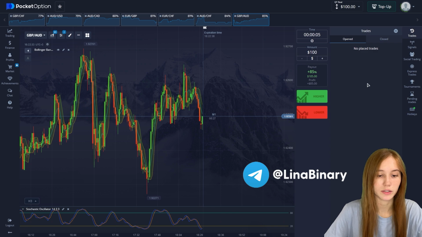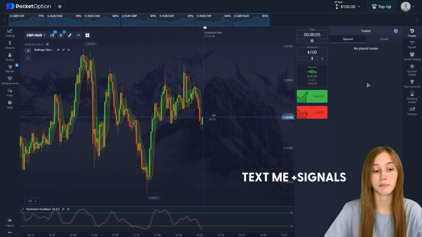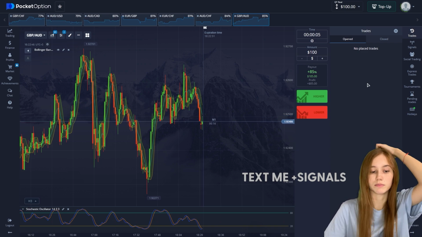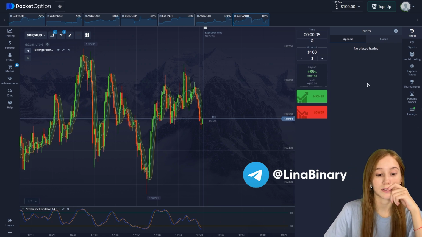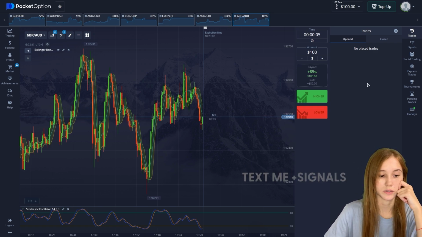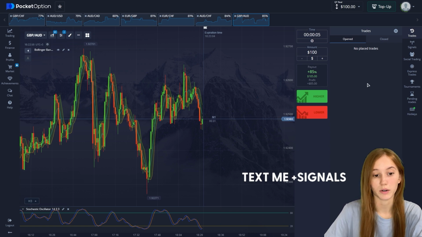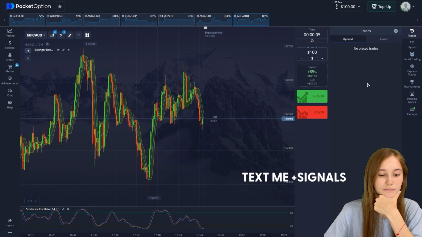So today we'll trade on foreign currency pairs, 9 currency pairs for today. Around the first second will most likely be our last currency pair.